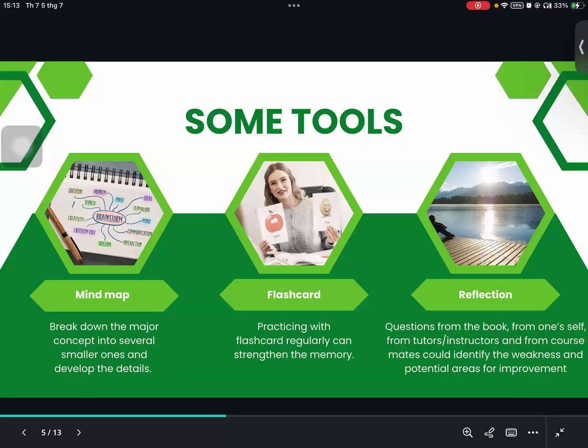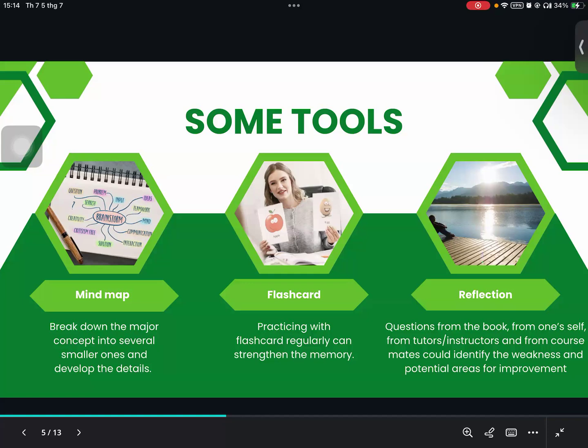Your understanding of that part of that theory, of that part of the study guide, may not be correct yet. So you may need to ask other people, or you may try to answer questions from the book, from questions you write by yourself, from a tutor or instructor, or from other classmates. It is best that you have some friends to study with you.